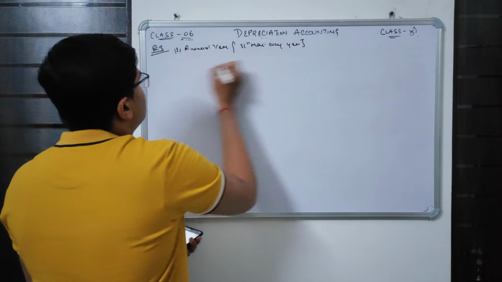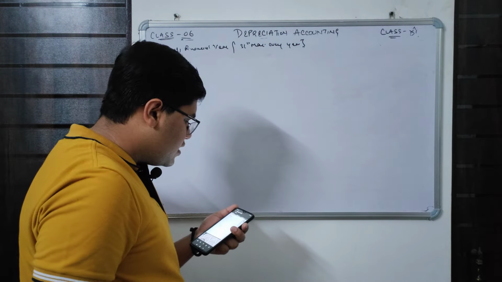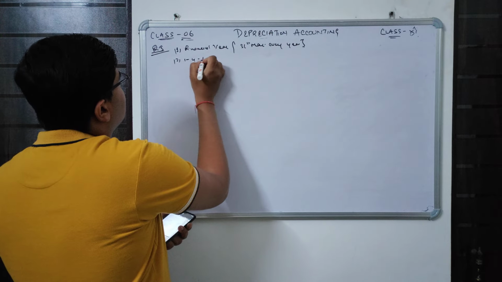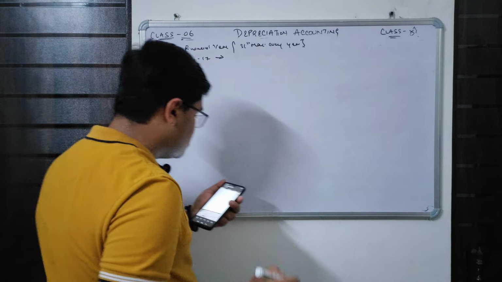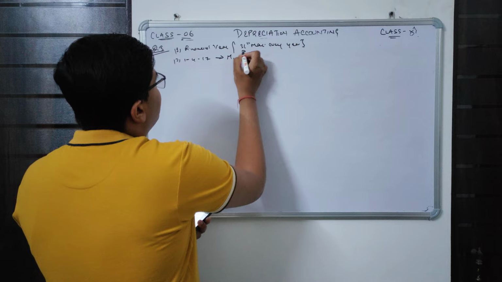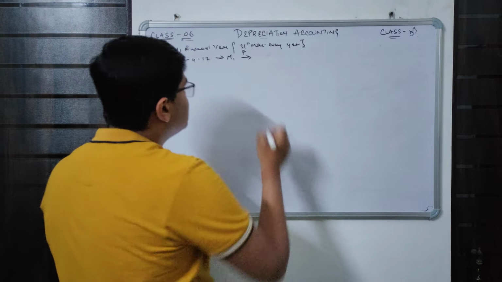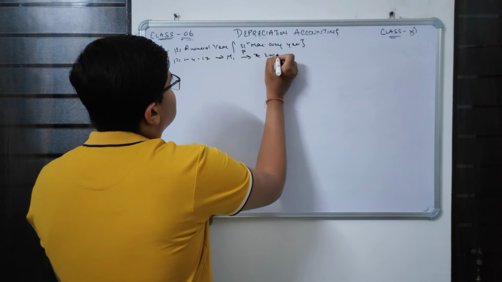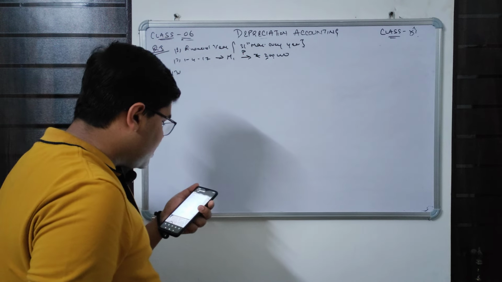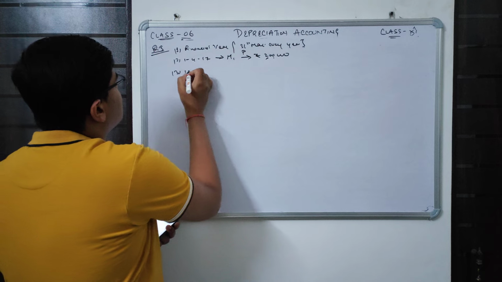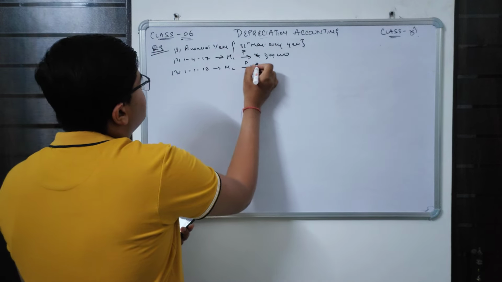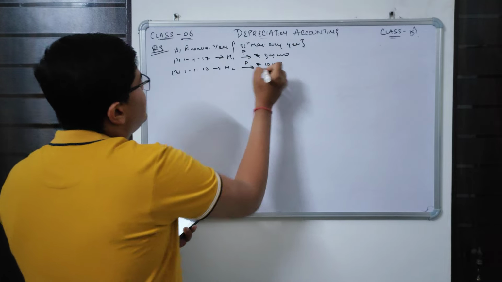Second part is that on 1st of April 2017, M1, that is machinery 1, was purchased for rupees 2 lakhs. Third part of the question is stating that on 1st January 2018, M2 was purchased for rupees 10,000.